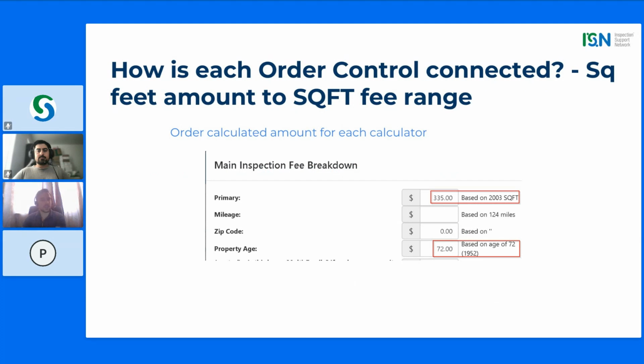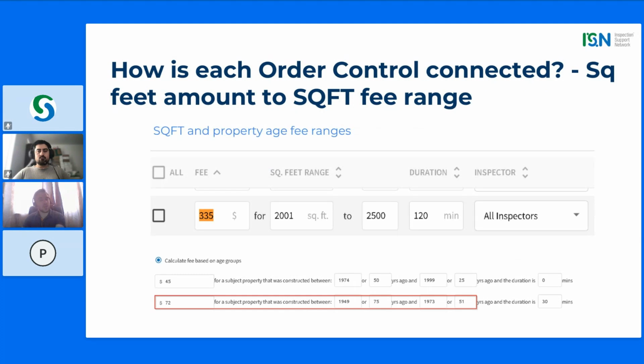It also calculated an amount based on the age of the property. So how you could set up the amount is by going into your square feet fees page. And this is the range that allowed the amount to be summed up. So it's 335 for every property within this square feet range, which is 2001 and 2500 square feet. And for the property age, we have at the bottom of the screenshot, that age range.